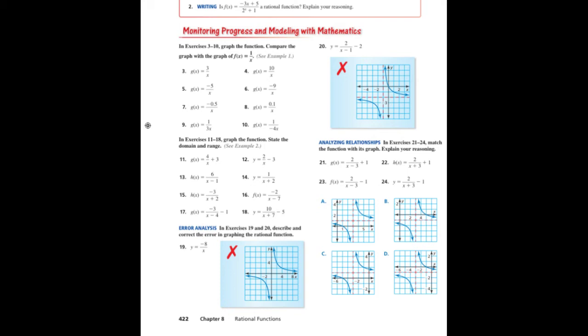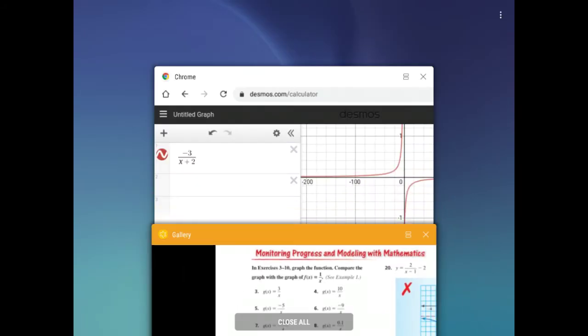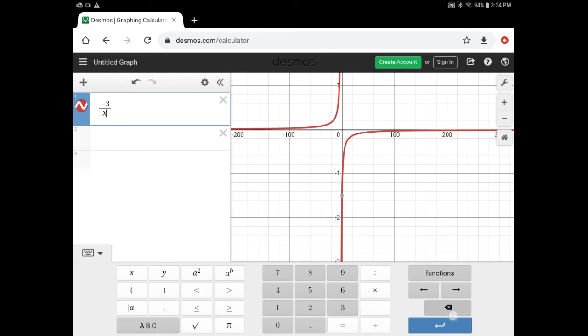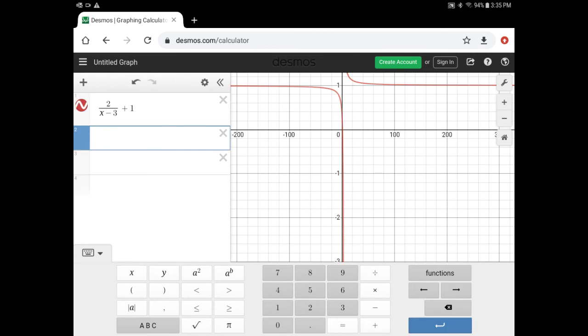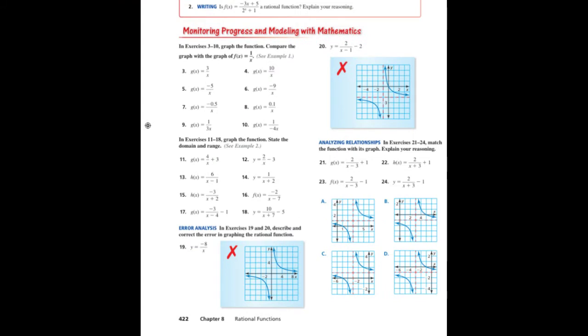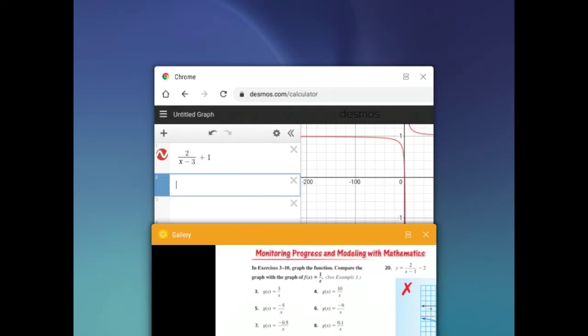Let's just pick out one of these. 2 over x minus 3 plus 1. So 2 divided by x minus 3 plus 1. So this is number 21. So we gotta see what matches.